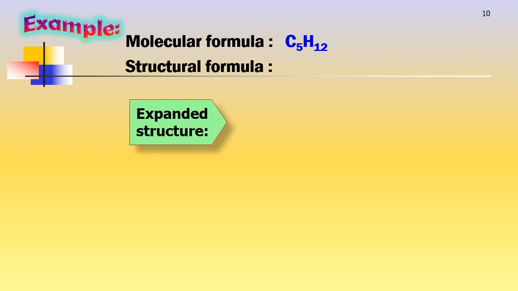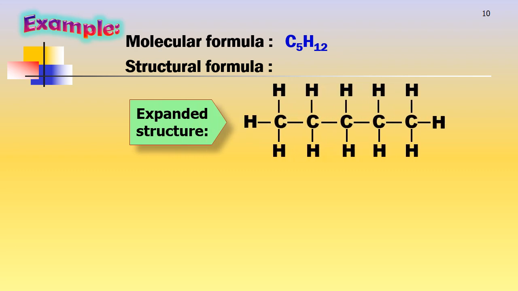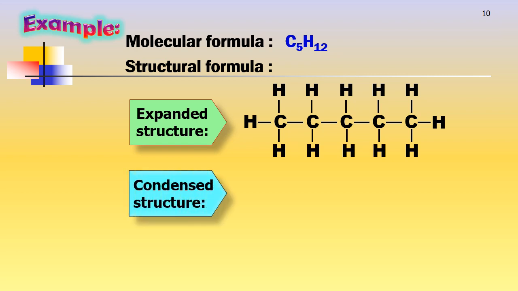This is an example of the three different forms of structures for an organic compound with the molecular formula of C5H12. The first is the expanded structure, where each and every atom in the compound is shown and each and every bond is clearly written. Next, the condensed structure.